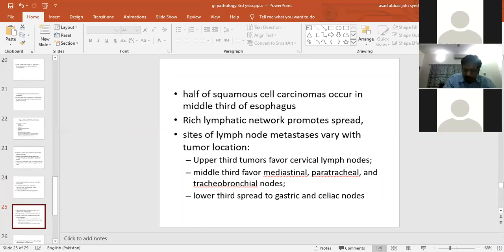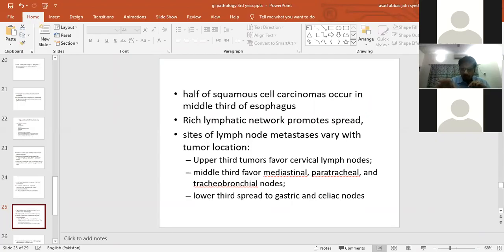Spread is rapid, and even a very minimal spread is disastrous because, as I told you at the beginning of the lecture, of the rich network of lymphatics. The lymphatic network is very rich, so the moment the tumor breaks through the basement membrane, it has access to the network. It spreads to the lymphatics, and then to the mediastinum and the upper neck. Otherwise, widespread metastasis is fairly common at the time of diagnosis.